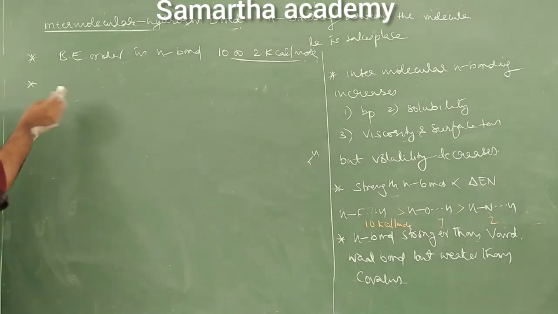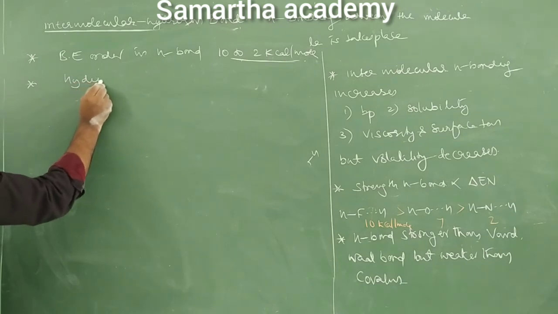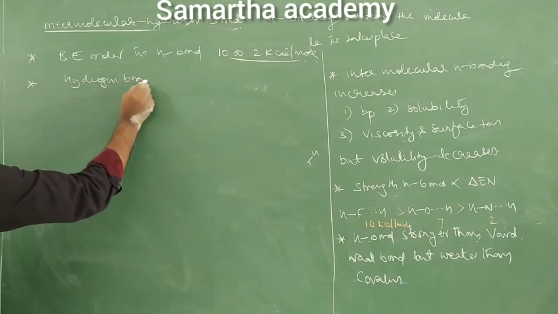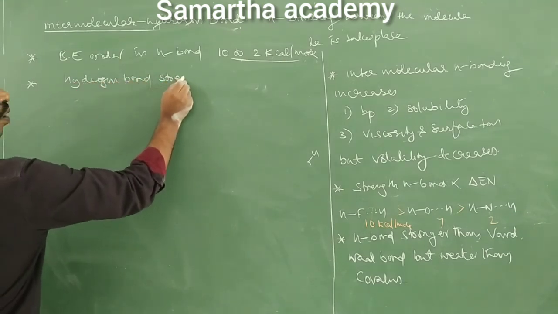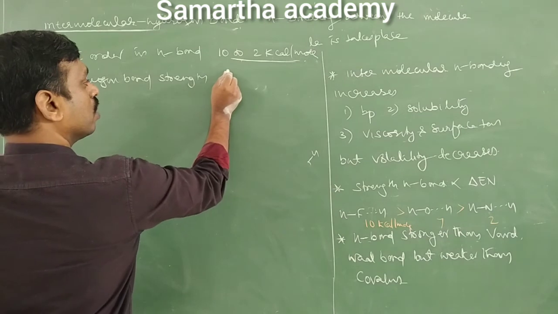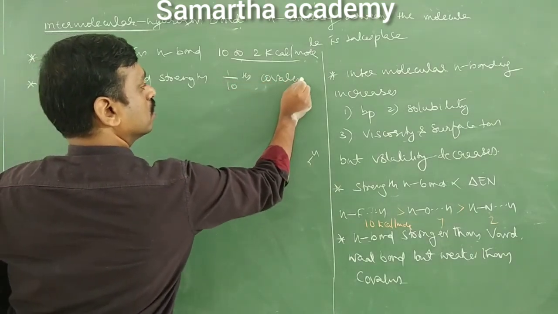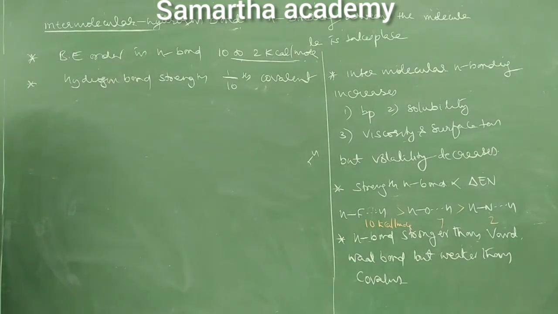Therefore, the bond strength of hydrogen bond is 1/10 of covalent bond approximately. So all possible questions are there.